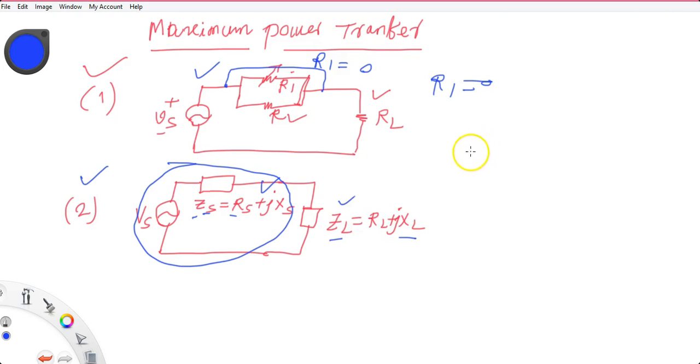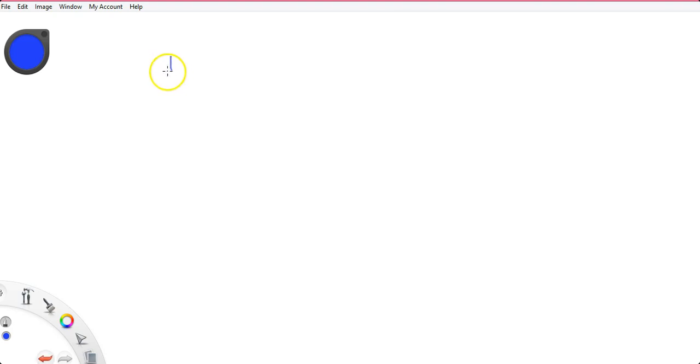That means we can vary RL and XL. So I becomes Vs upon (Rs plus RL) plus j(Xs plus XL).